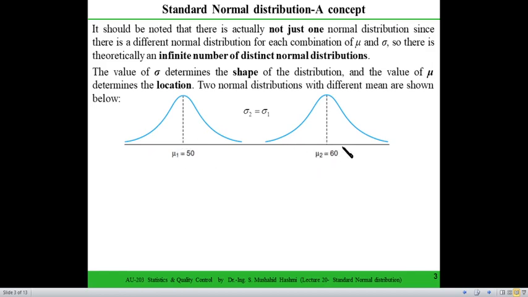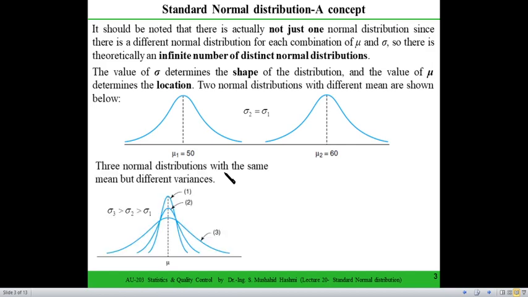So the second distribution is offset by 10 units from the first, but the shape of the distribution is decided by the standard deviation of these distributions. Since the standard deviation is identical, the shape would be identical. The only thing that has changed is the mean, and so one can say that the mean represents the location of the distribution.